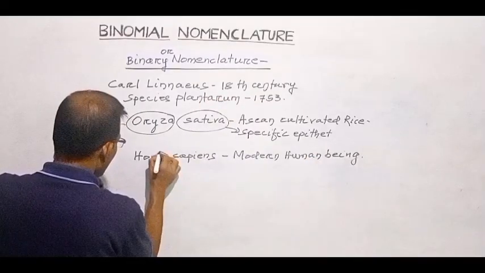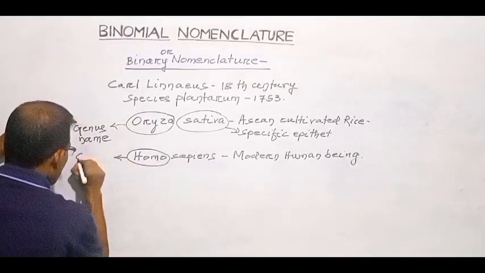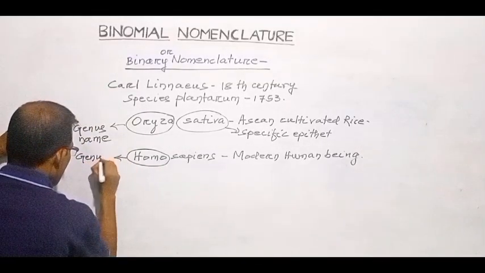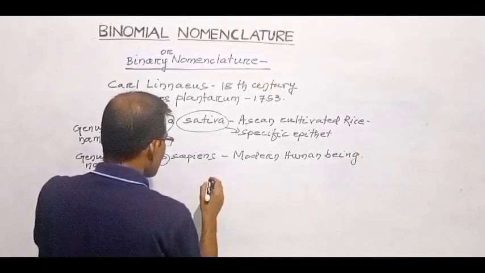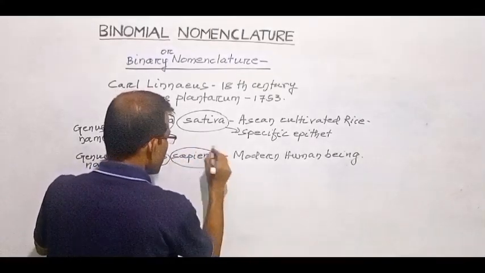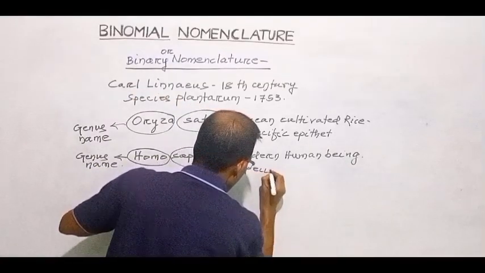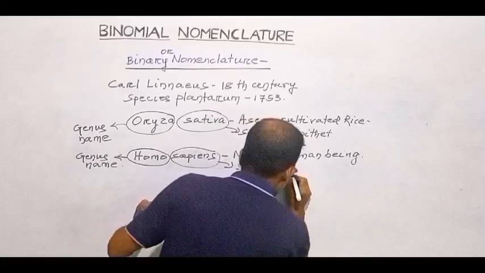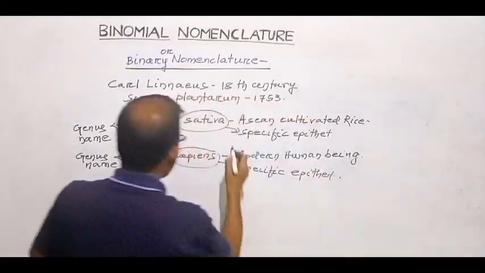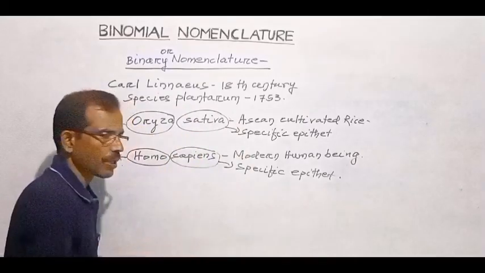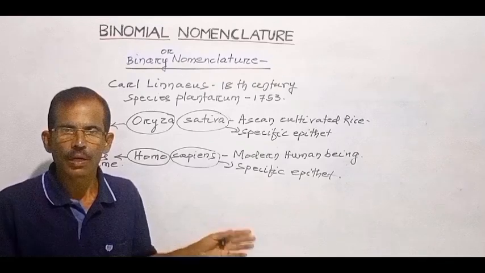In this name, the first word, Homo, is the name of the genus, and the second word, sapiens, represents the specific epithet. Such names which consist of two parts or two words are known as binomial names.